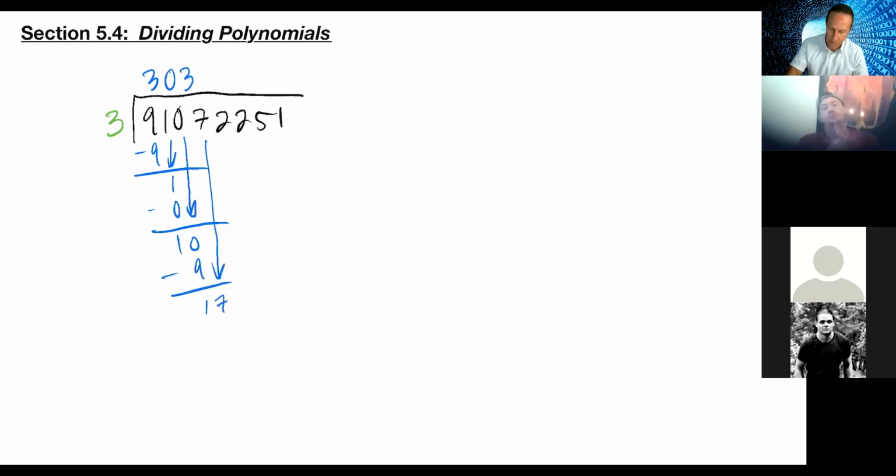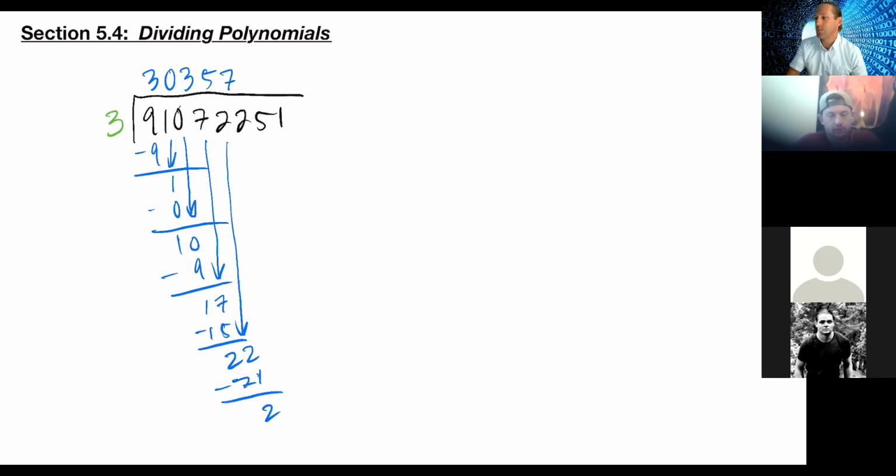Bring down the 7. You guys get the idea, right? I'll jam through it now. 5, we multiply, we subtract, we bring down the next. We multiply, we subtract. What do you notice are the only leftovers I'm getting since I'm dividing by 3? Everything under 3. Very good. Either a 0, 1, or 2.